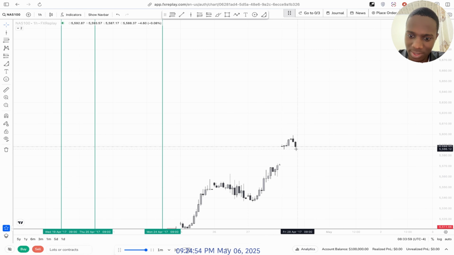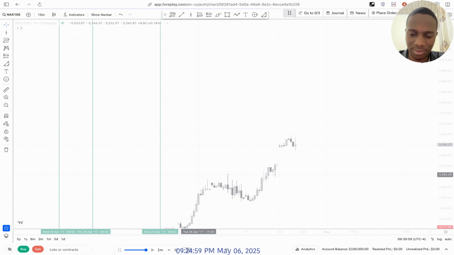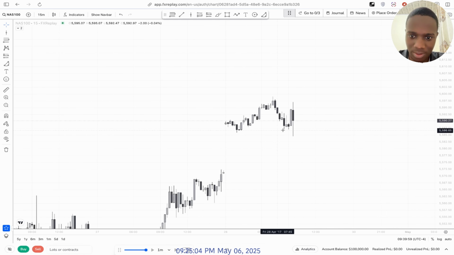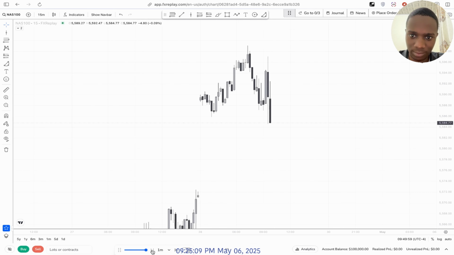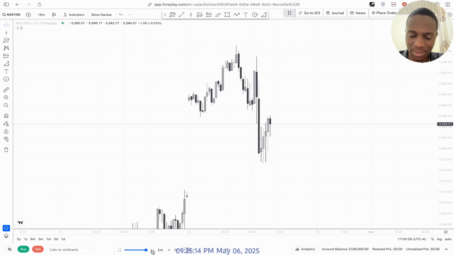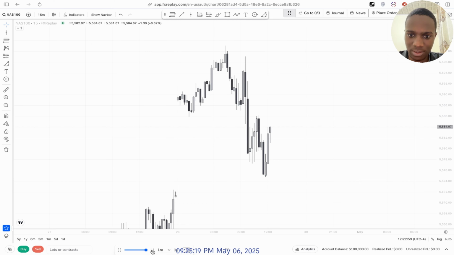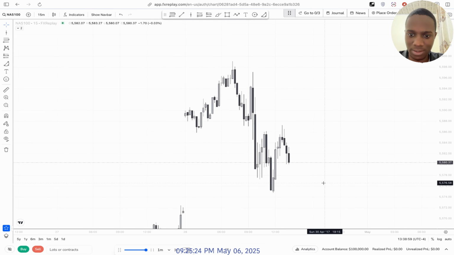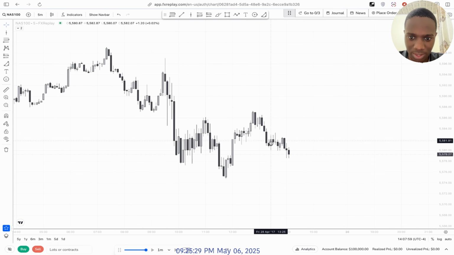So it's 9, almost 9. It's now 9. Let's go to 15 and look for a buy entry. Sweep right here. We dropped into the imbalance. Very crazy drop. So we see another entry.